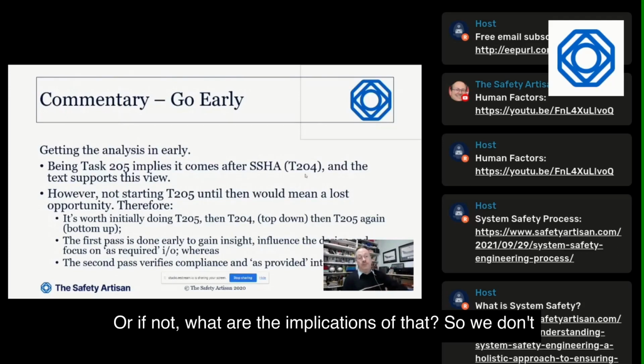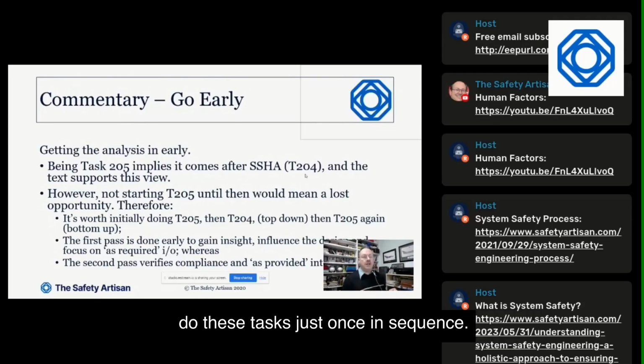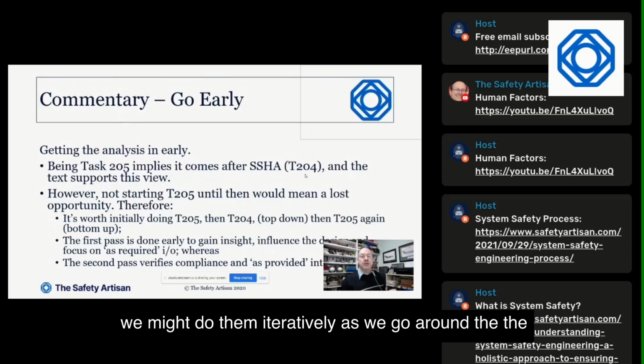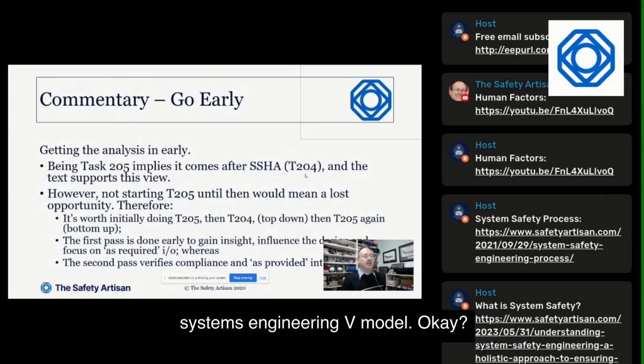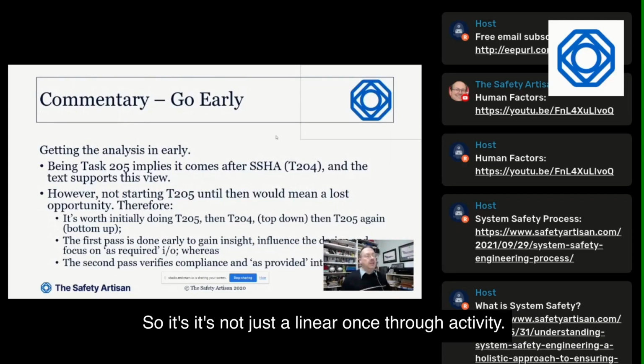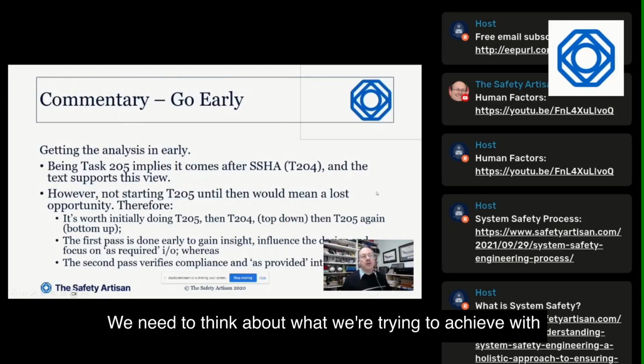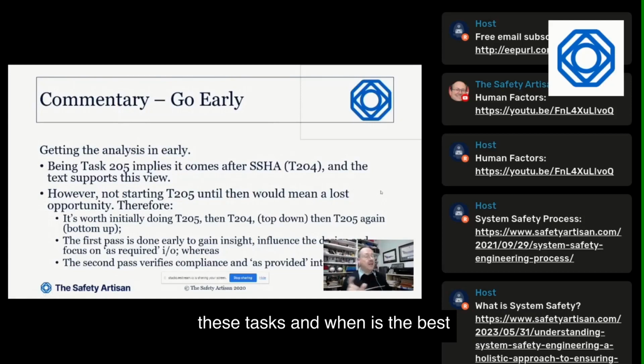Or if not, what are the implications of that? So we don't do these tasks just once in sequence. We might do them iteratively as we go around the systems engineering V model, the life cycle, sorry. So it's not just a linear once through activity. We need to think about what we're trying to achieve with these tasks and when is the best time to do them, and do them again.